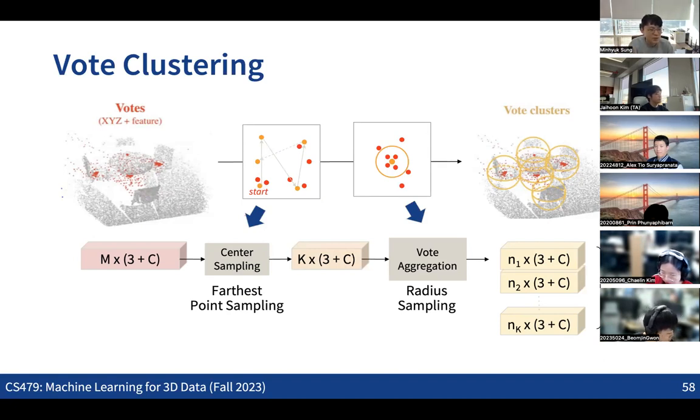Actually, we can use mean shift clustering here as well. But in this framework, we use a simpler idea for this kind of clustering, which is first doing farthest point sampling. Farthest point sampling is nothing but iteratively adding a new point, which is the farthest one from all the previously selected ones.